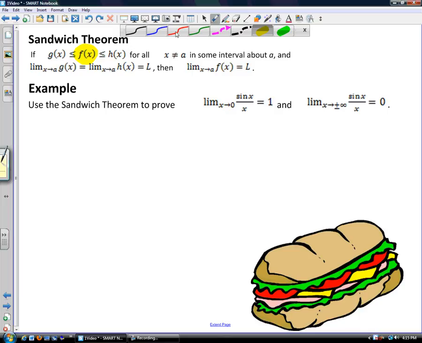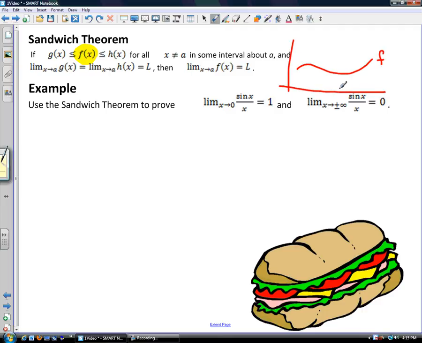So let me draw a quick little picture. Here is my f of x function, and I don't know what the limit of f of x is as it goes to a. I do know the limit of two other functions. g of x would be below it, and h of x would be above it.